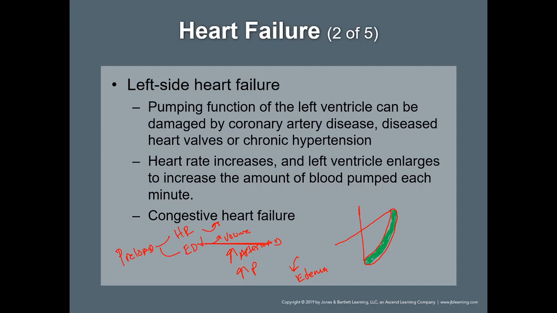because heart rates increase because of preload. Albuterol, okay, we know what albuterol does. It has alpha and beta properties, and it's going to increase heart rate even more. But anyway, so here we are, and that's congestive heart failure. And that's what happens.